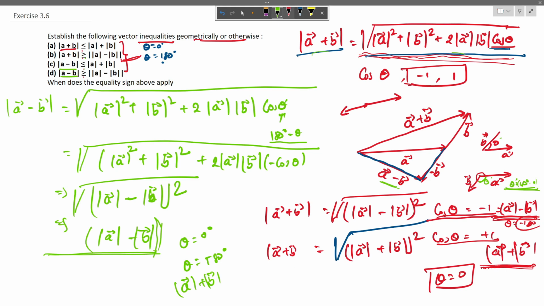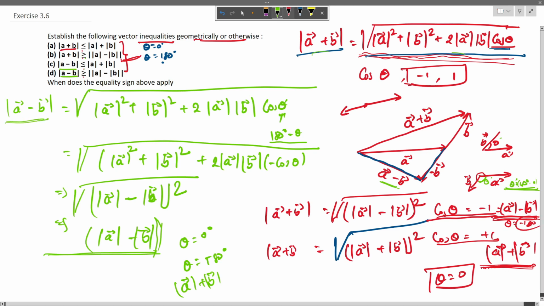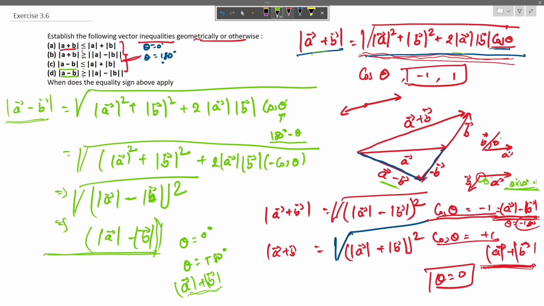So the opposite, equally we can say that the maximum value that vector a minus b can have is a plus b, or it will always be less than a plus b.